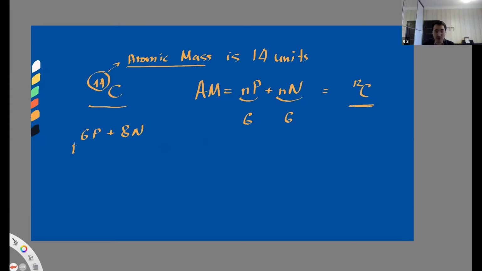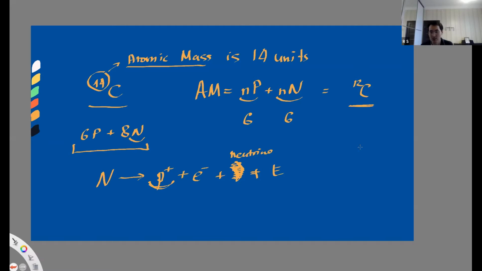So whenever we have the radioactive decay, one of these neutrons gives us a proton plus electron plus neutrino. Not really sure if it's the symbol of neutrino, I will look it up. So neutrino and also energy. So this proton stays inside the nucleus.